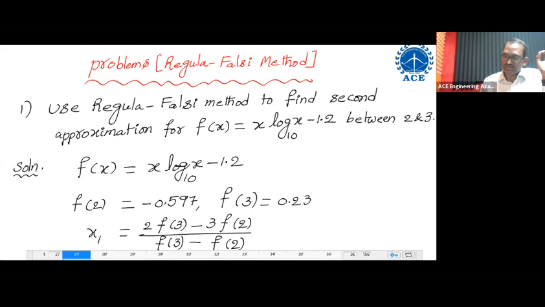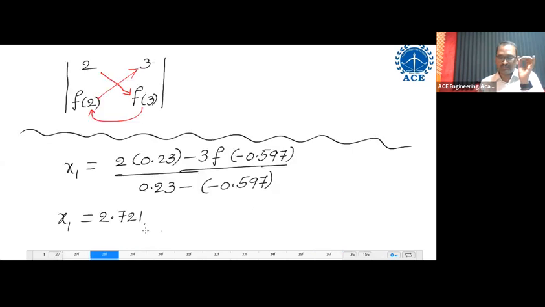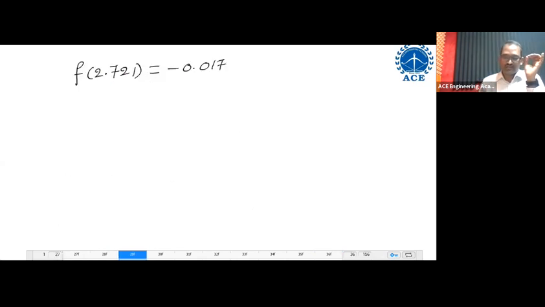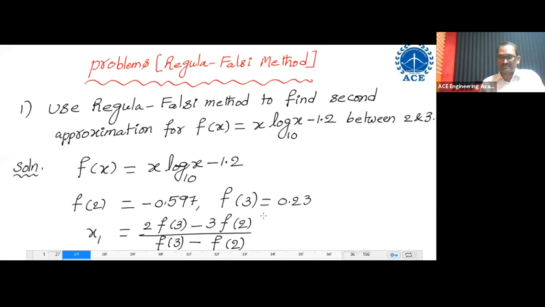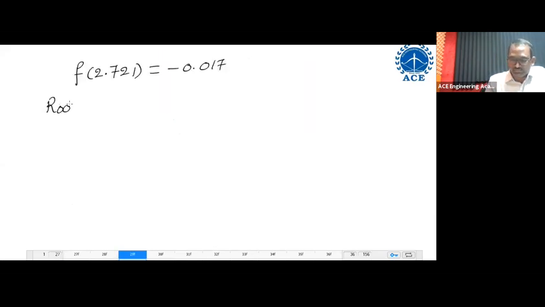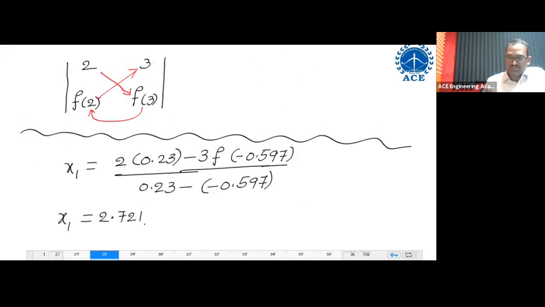Latest positive at 3. f of 2.721 and f of 3 are of opposite sign. So the root lies between 2.721 and 3.